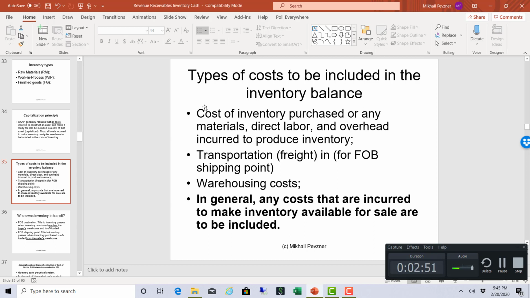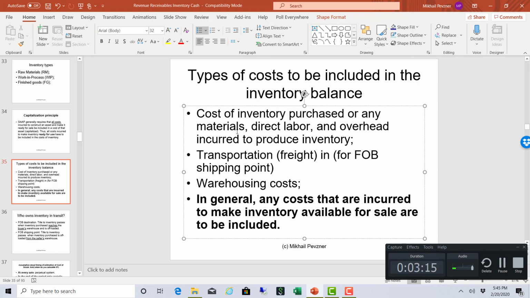So types of costs to be included in the inventory balance are, for example, materials and direct labor, which is the cost of salaries you pay workers to produce inventory. It is included in the cost of inventory because that cost is incurred in order to produce inventory, so you have to capitalize it. Overhead consists of the indirect costs associated with production of inventory.